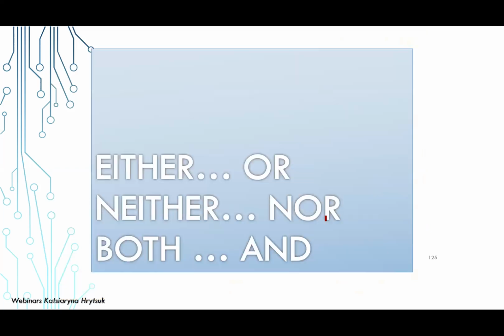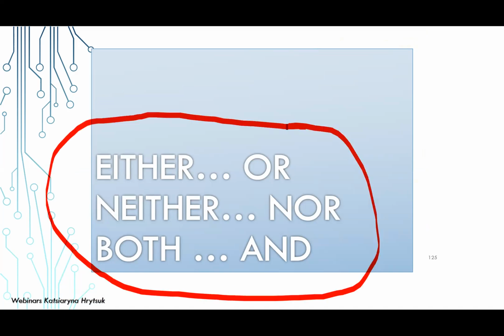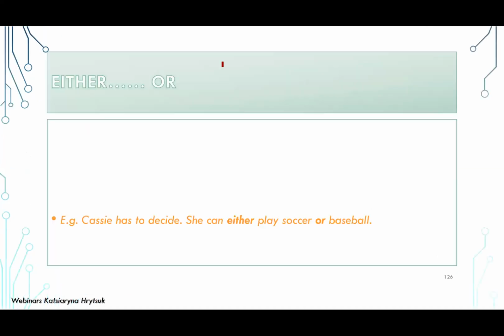Okay? So, either or, neither nor, both and. Remember this structure. Either always goes with or. Neither always goes with nor, and both always goes with and. So here we are. Either or.